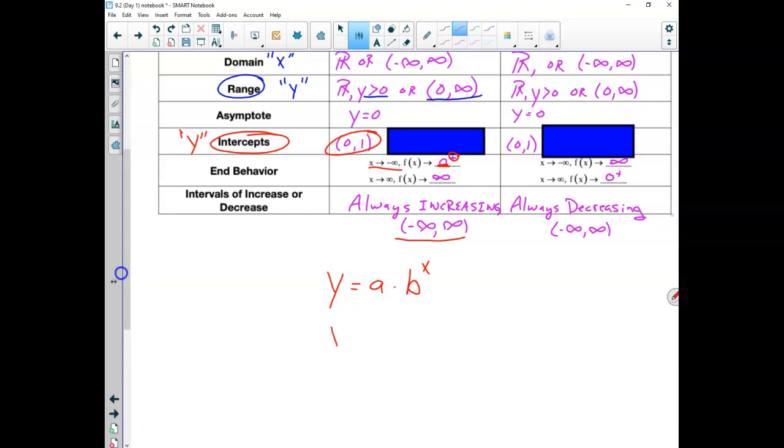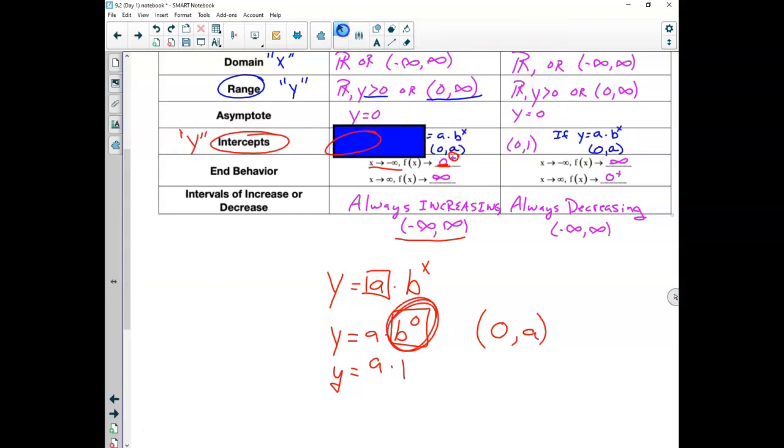But if I put in 0, y equals a times b to the 0, and any number to the power of 0 is 1, and that's going to be multiplied times a. So if I have an a value, my y-intercept is going to be at (0, a). So that's what I have written in there. If I have an a value, my y-intercept will be (0, a).